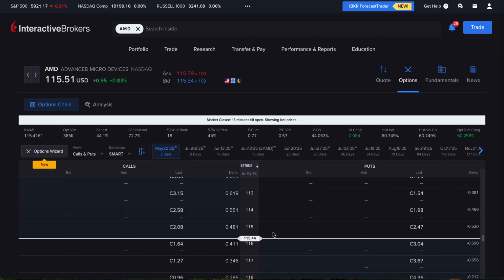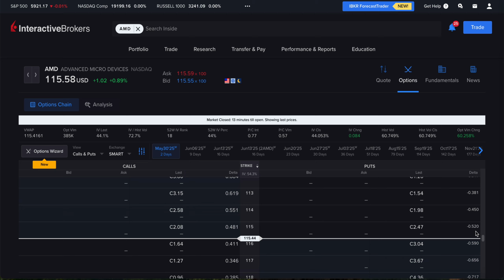So for out of the money options, let's say now the current market price is 115.44. The option strike price now is 115. So having a negative 0.520 delta, it's approximately a probability of about 52% that the option will expire in the money.